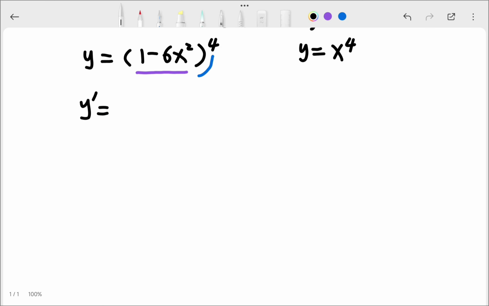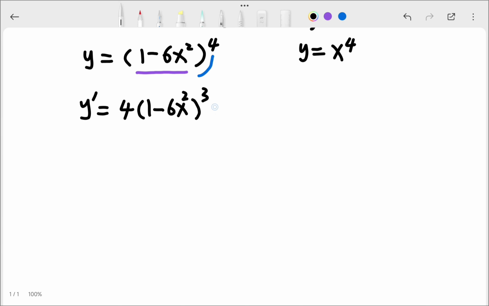Let's differentiate the outer function with respect to the inner function. So we get 4 and keep the inner function as it is.